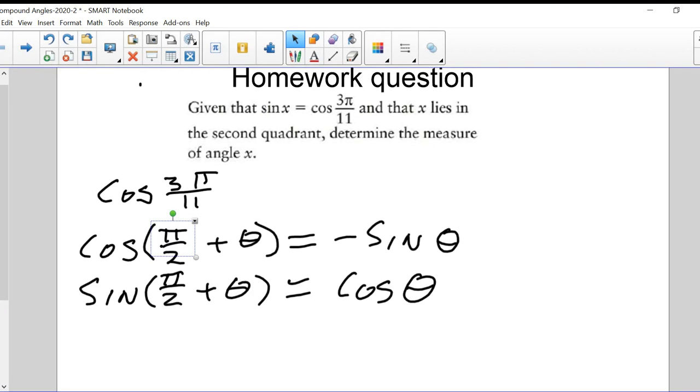Can I either rewrite the sine of x or the cosine of 3 pi over 11? Is there a way that I can write either one of those so that it fits into this thing right here? Can one of these be replaced by one of those?